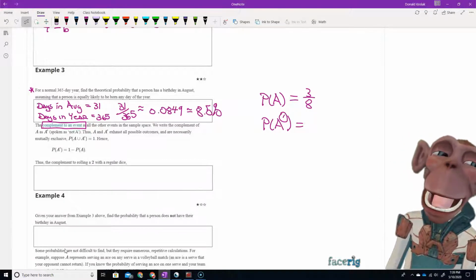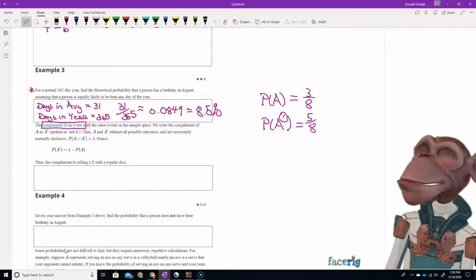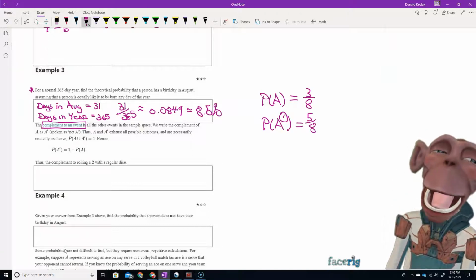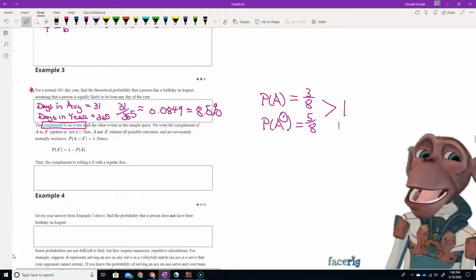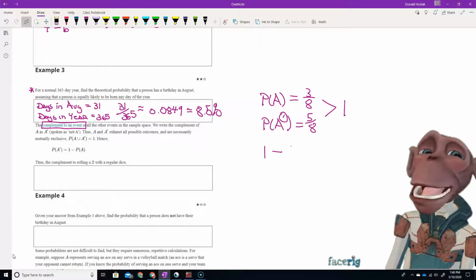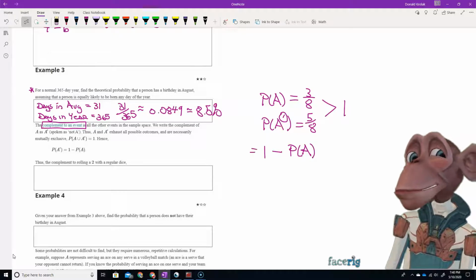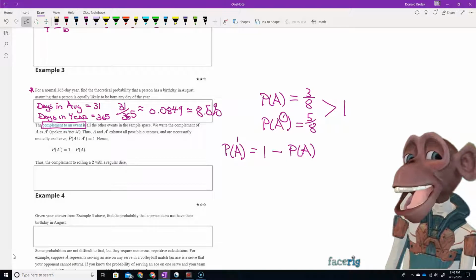So 3/8 was the probability of it happening, then 5/8 would be the probability of it not happening. You add these up, you're going to get 1. So to find the complement, you simply take 1 minus whatever the probability of the event was, and that gives you the probability of the complement.